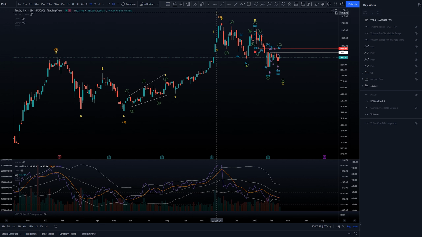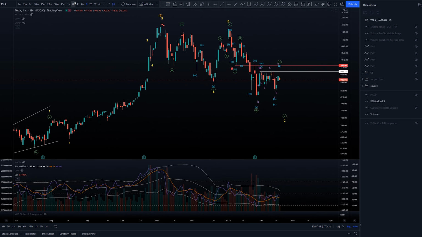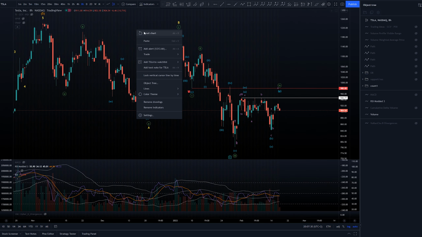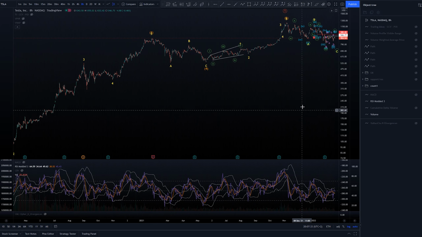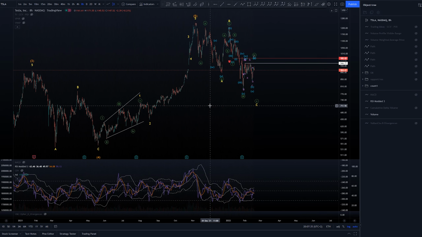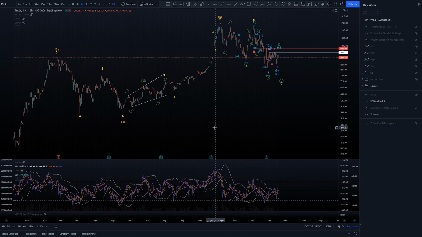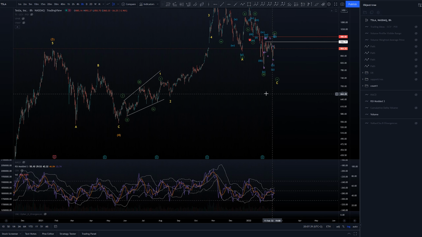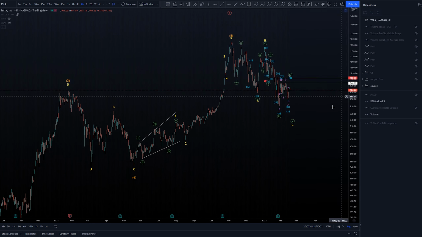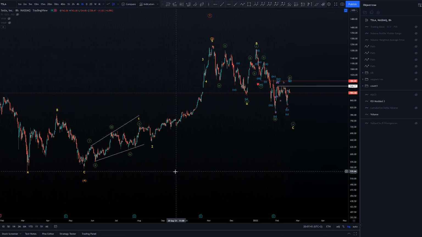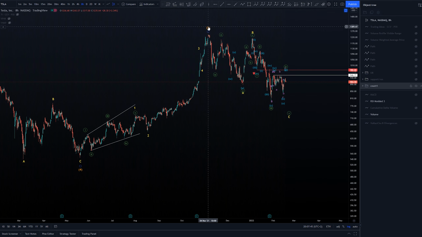So this might actually be a 3rd. But I didn't manage to get that into the count, so this is what we're dealing with right now. And as time continues, we can refine this more. So why did I label this as 1, 2, 3, 4, 5?